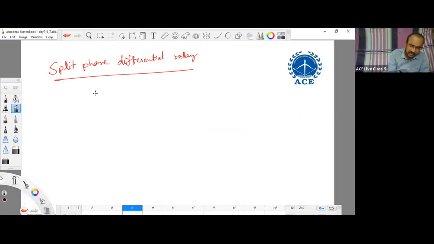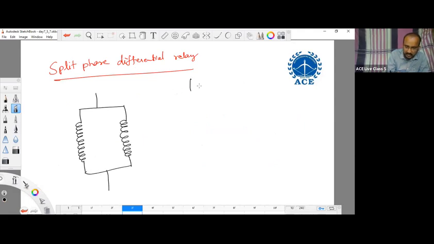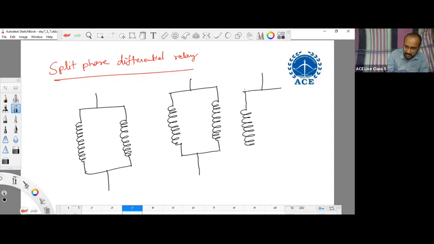Suppose each phase, that is R phase, Y phase and B phase, consists of more than one winding per phase. How we can implement the interturn fault protection, that you need to observe.